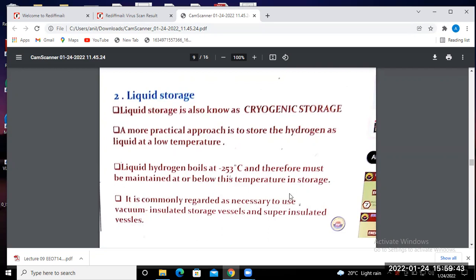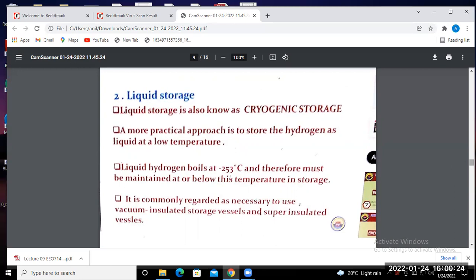So when you store hydrogen in liquid form, these two things, the container material and the temperature, must be maintained. Maintaining minus 253 degrees Celsius is one of the key factors, and it is not easy.